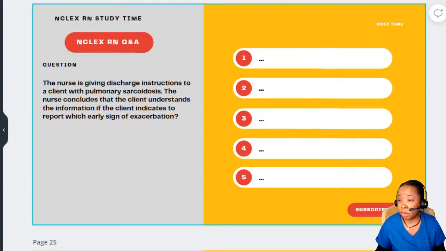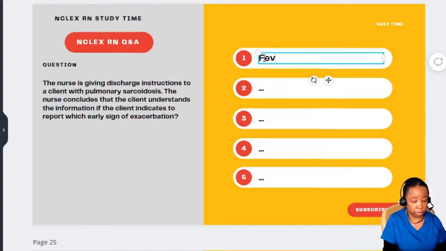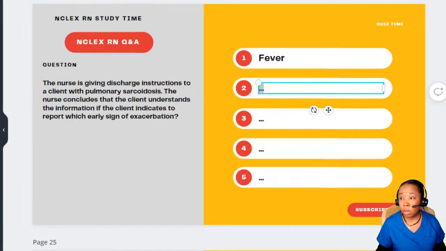I'm going to put the options right here for you. The first one is fever. The second one will be fatigue.